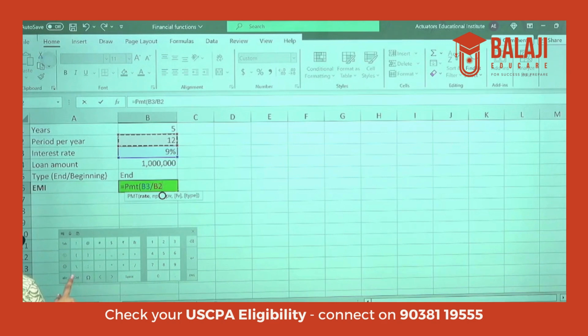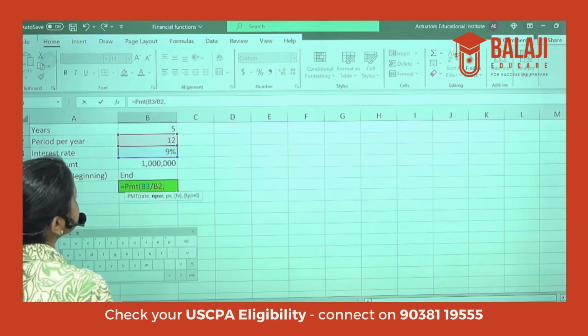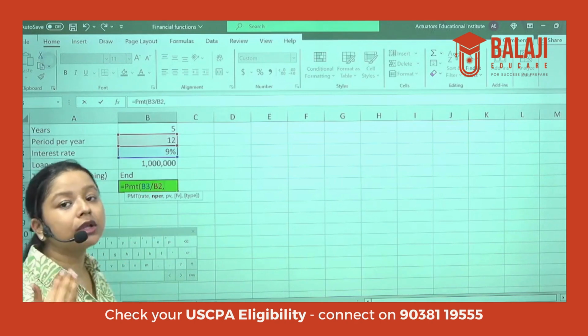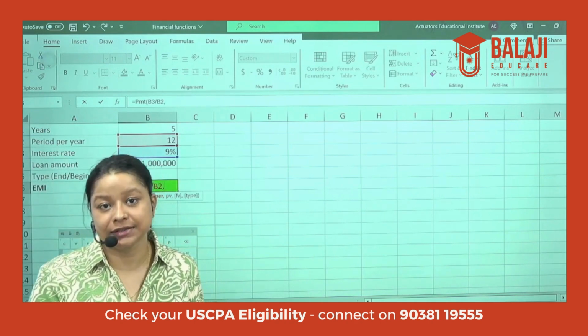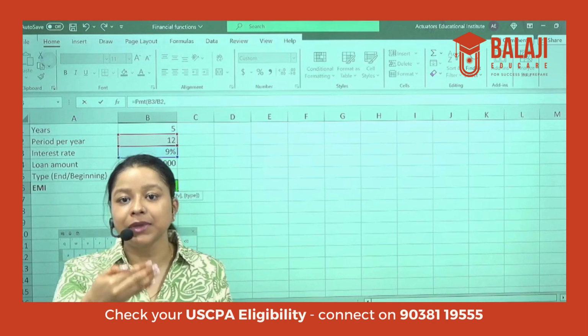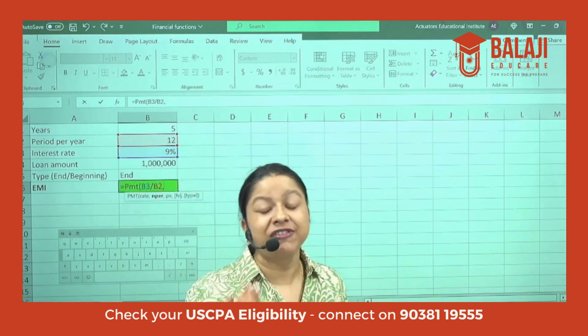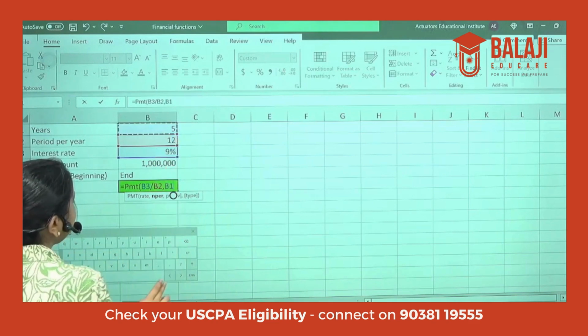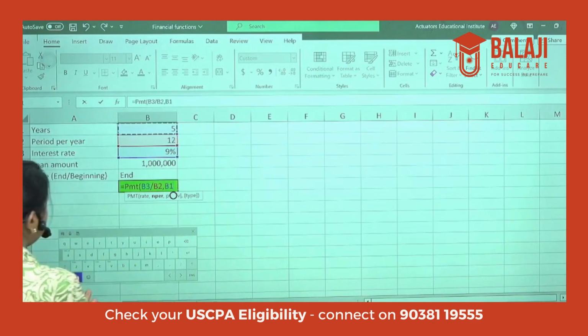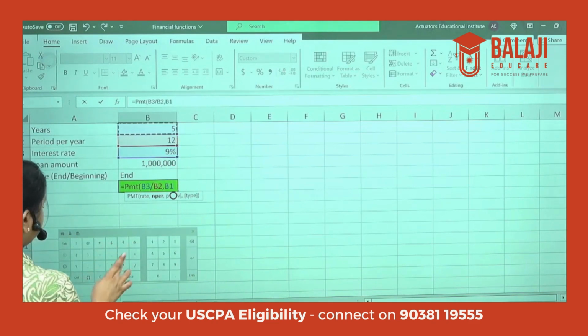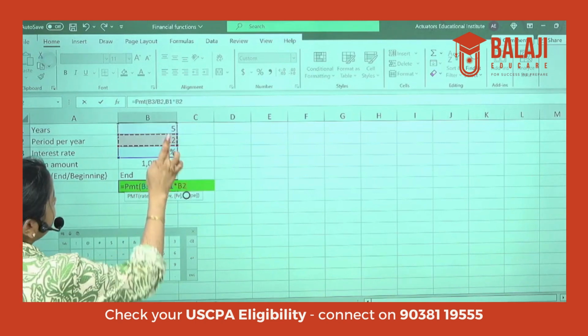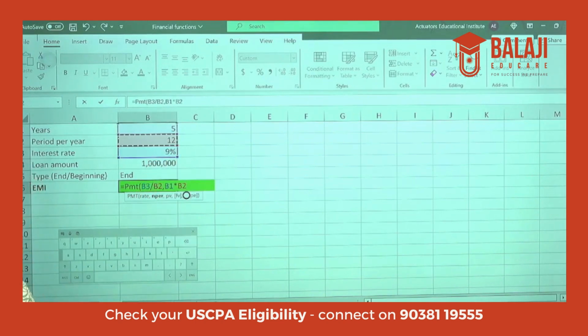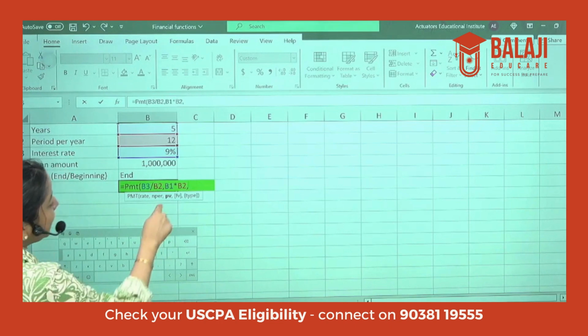The next argument is nper, which is the total number of periods. If you're making payments for 5 years monthly, then the total number of payments is 5 multiplied by 12.